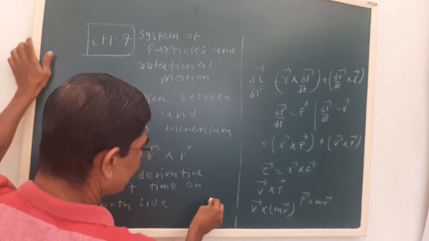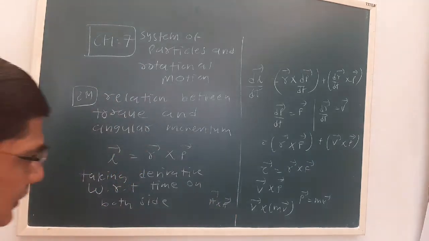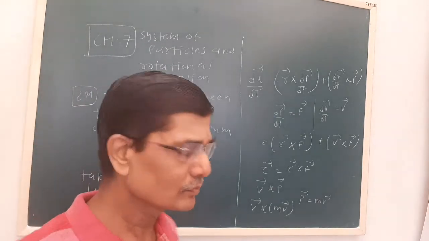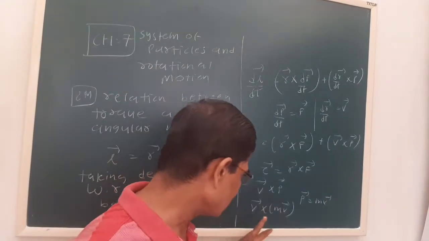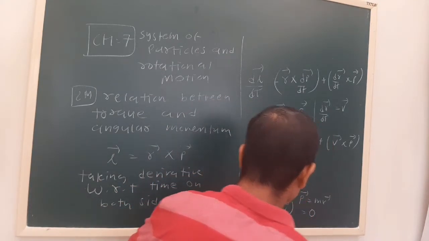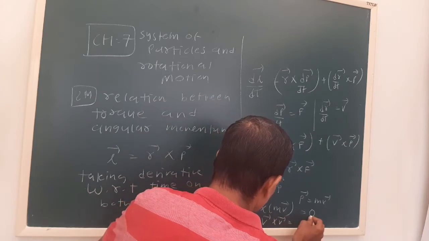Similarly, A cross A is also 0. Why? They are parallel vectors. The cross product is AB sin theta. Theta is 0, sin 0 is 0. Here also v cross mv will be 0.